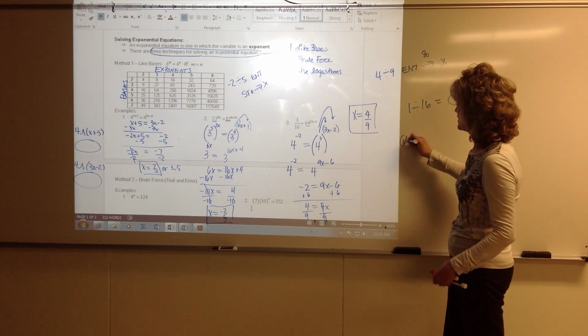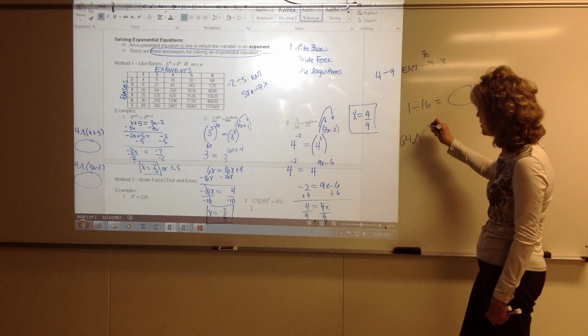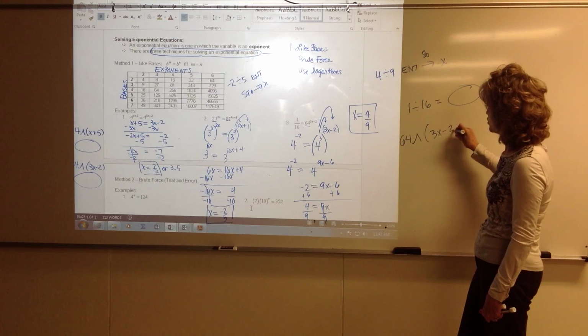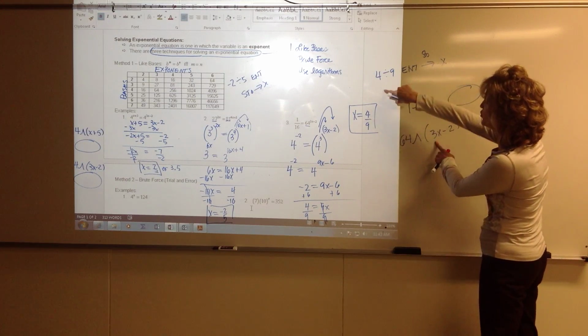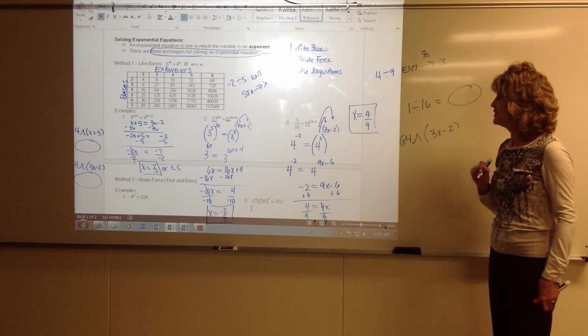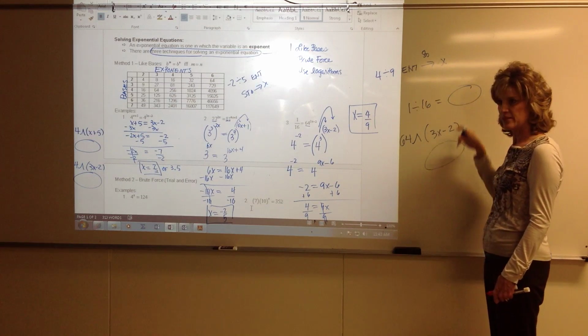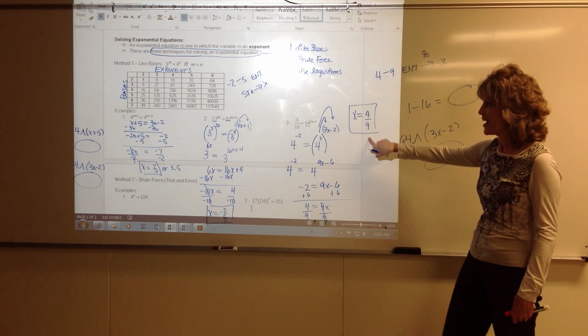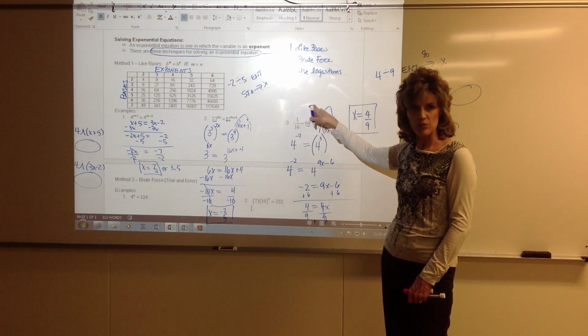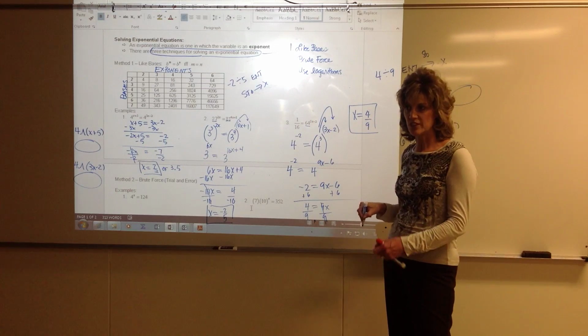Then type 64 raised to all of this 3x minus 2. And when you type 3x minus 2, your calculator is doing 3 times 4 ninths minus 2. Did you get the same thing? 4 ninths is the right value of x to make the left side equal the right side. We solved an exponential equation.